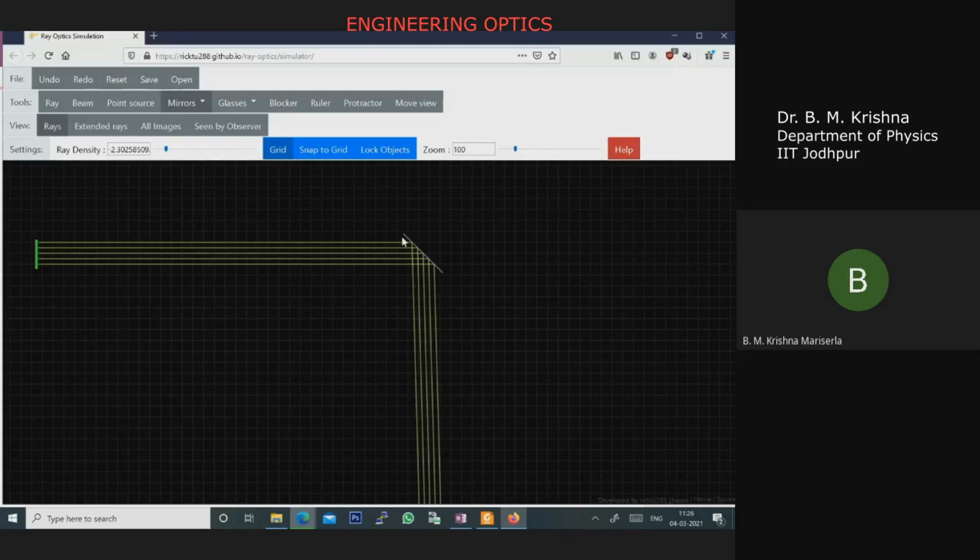The mirror is designed for different electromagnetic radiations. These mirrors have different coatings on them depending upon the refractive index of the dielectric medium. Accordingly, it will allow only those wavelengths to reflect.